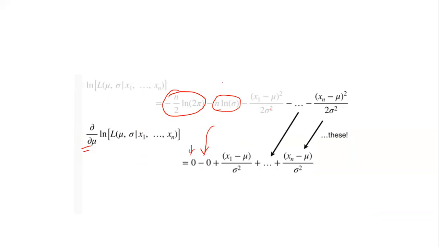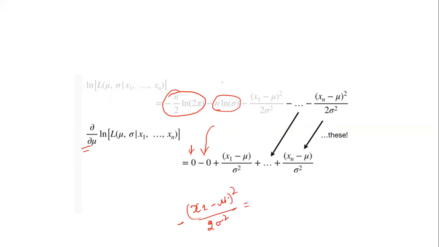Here we have mu. So when you take the derivative for this, let me take this: x1 minus mu the whole squared divided by 2 sigma square. This is minus.